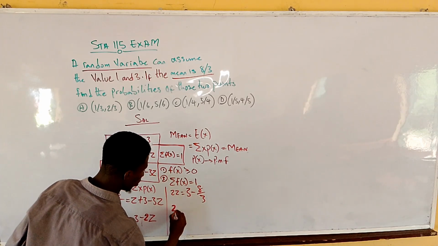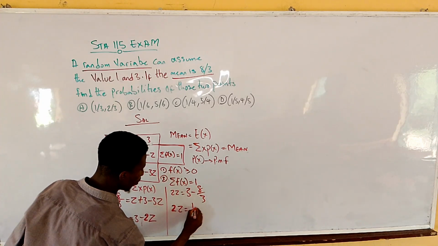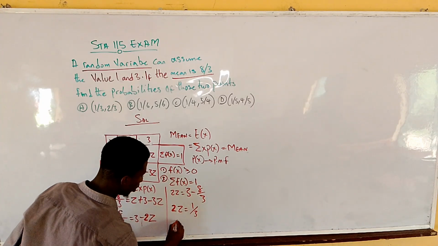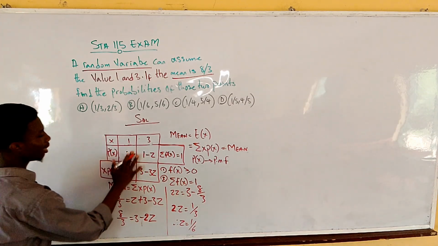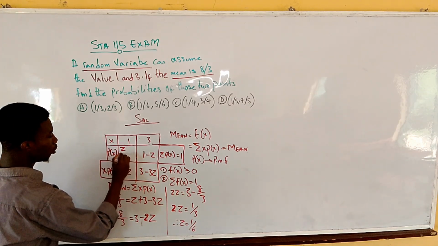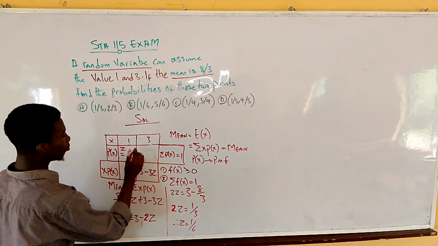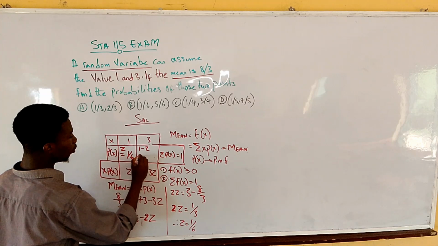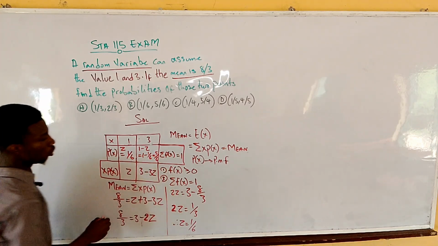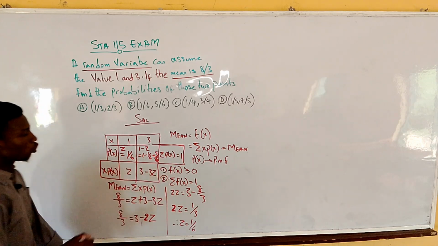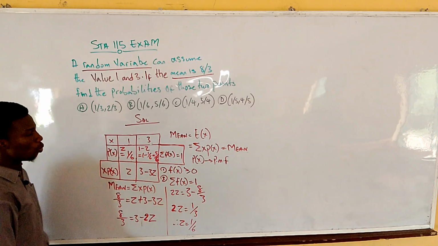So 2z is equal to 3 times 3, which is 9, minus 8, over 3, that is 1/3. Therefore, z is 1/6. So this z that I have here is 1/6, and 1 minus z is 1 minus 1/6, which is 5/6. You can see that 1/6 plus 5/6 obviously gives you 1.